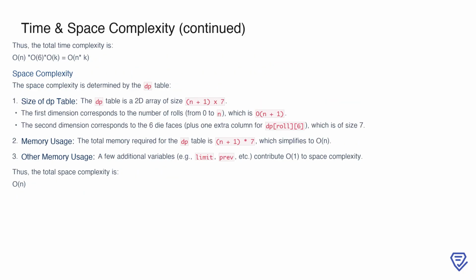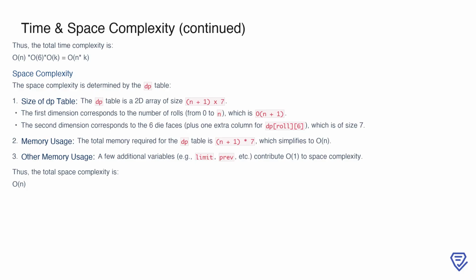Now, let's consider the space complexity of our solution. The dominant factor here is the DP table, which is a 2D array with dimensions n+1 x 7. The first dimension represents the number of rolls, ranging from 0 to n, which makes it n+1. The second dimension represents the 6 faces of the die, along with an extra column for dp[roll][6], resulting in a size of 7.